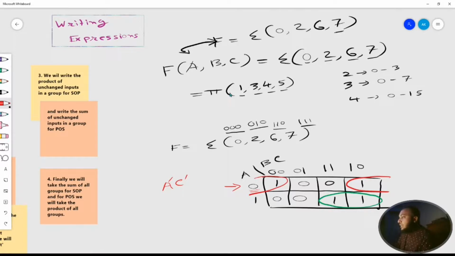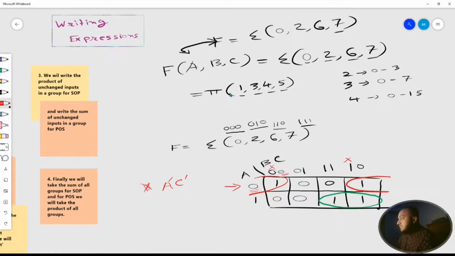Similarly, we can take C prime, because the red group is covering the first column and the fourth column. We can see that B has changed from fourth column to first column. It has changed from 1 to 0, so we can't take B for the red group.